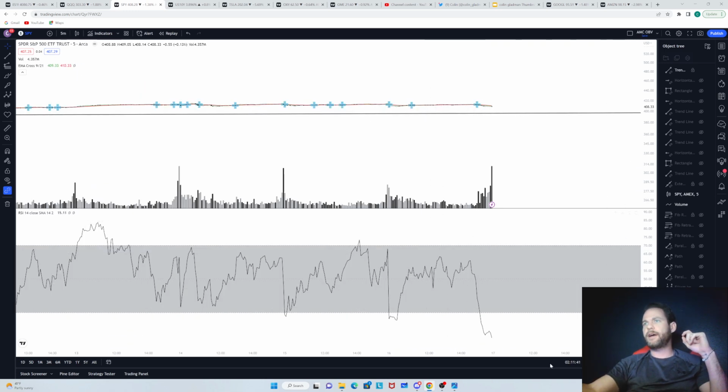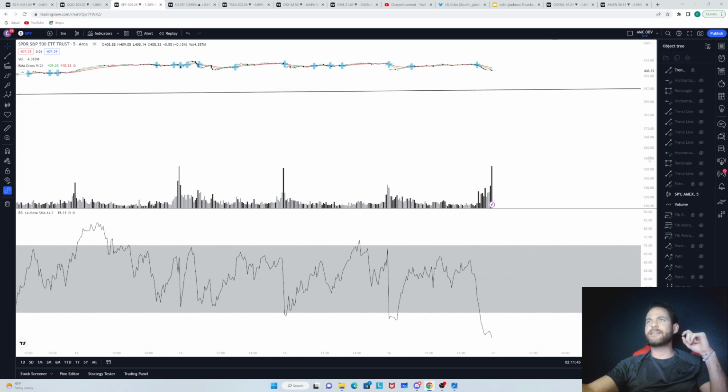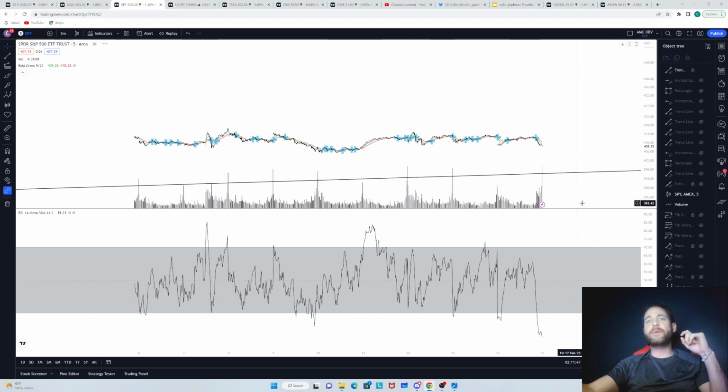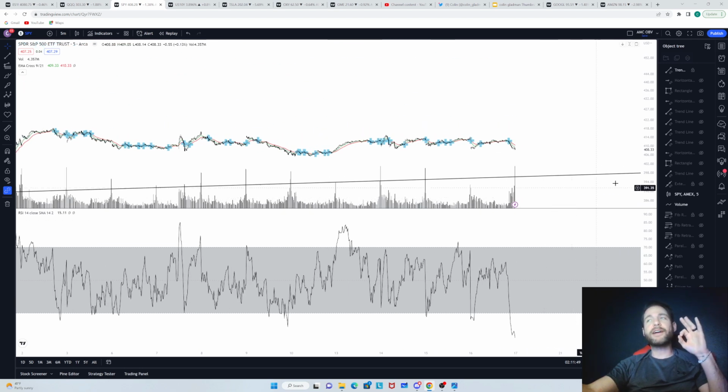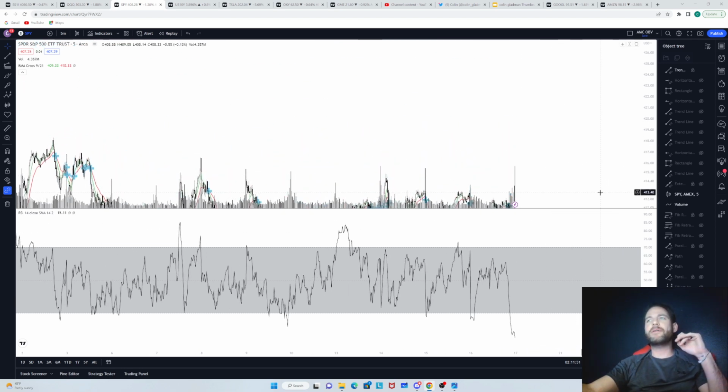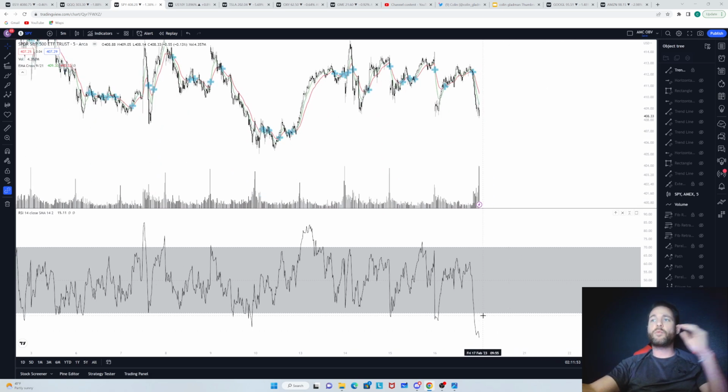Holy cow, SPY finished the day at 15 on the 5-minute RSI. That's wild. But that goes to show you that it can still keep going down. When RSI is in neutral territory, it's between 30 and 70. 30 is towards the low end of the spectrum, and anything below 30 is considered oversold.